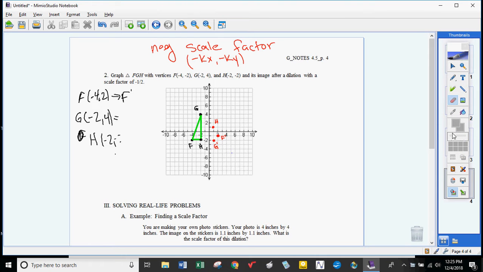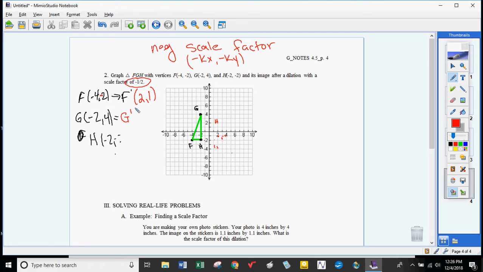Let me erase some of these points here. These aren't correct. All right, so negative 4, 2, scale factor of negative 1/2. I multiply each coordinate by, oops, that should be negative 2, by a negative 1/2, so that's going to give me 2, 1.